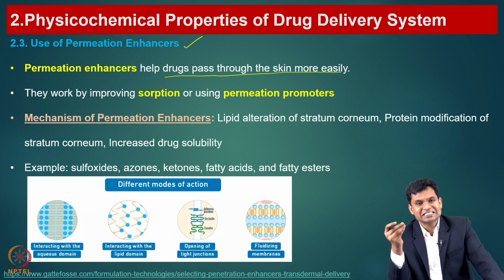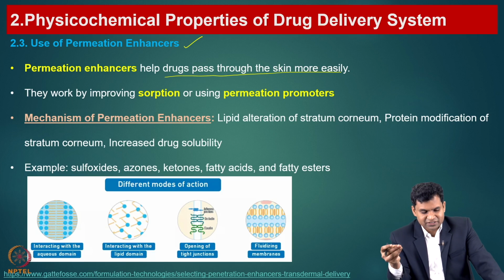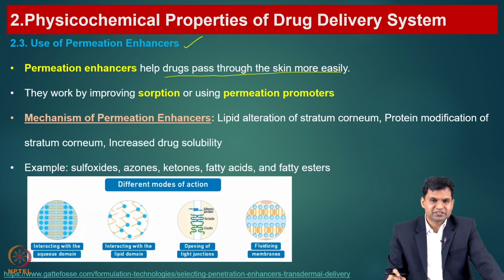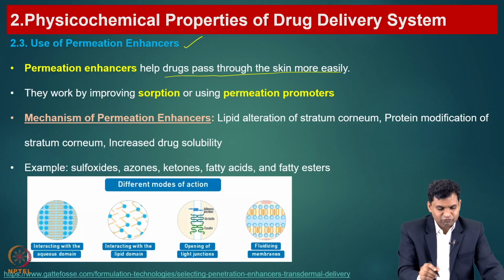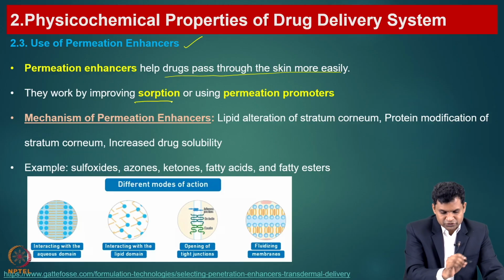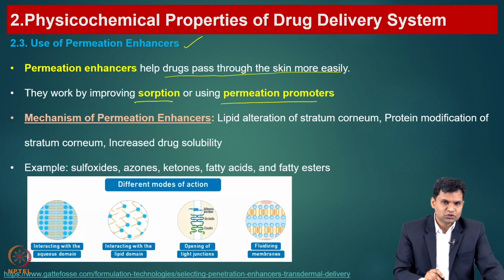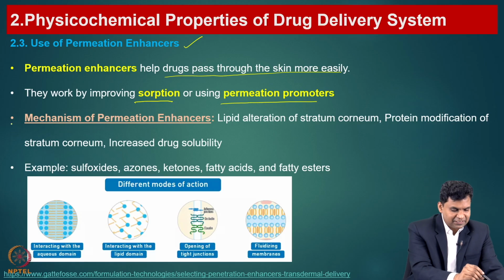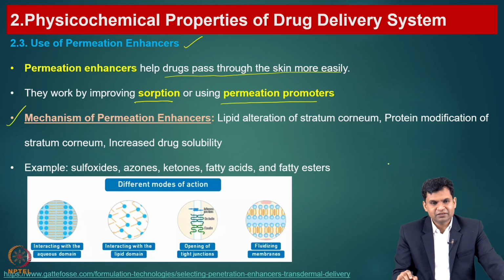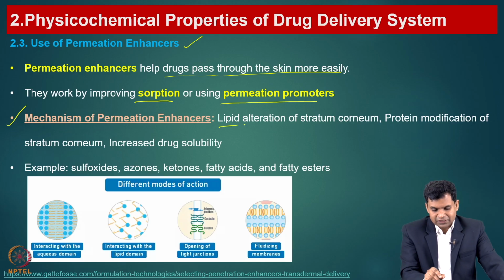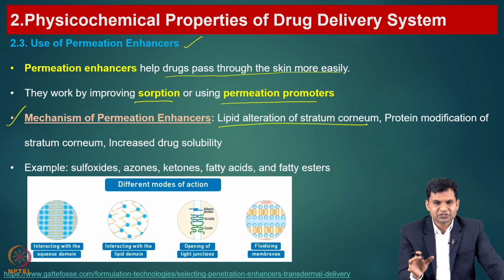So, to enhance the permeation of such drugs, we need to use permeation enhancers, and they work by improving the sorption or using permeation promoters. Here you can see the mechanism provided. These chemical agents are molecules which alter the lipid structure of the stratum corneum.